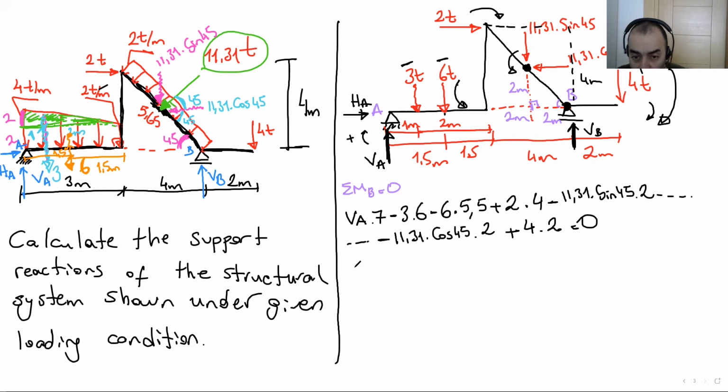Let's calculate the VA from here. 18 plus 5 minus 8 plus times 2 plus times cosine 45 times 2 minus 8, over 7.